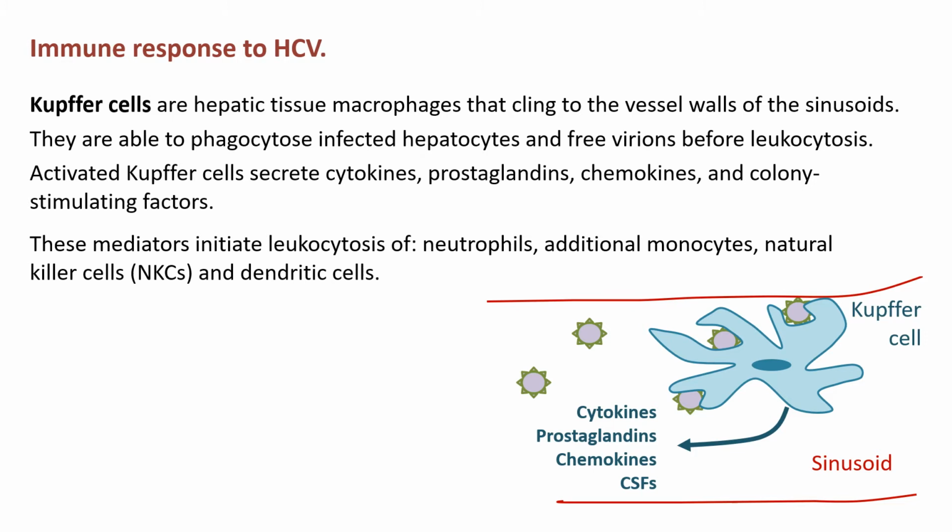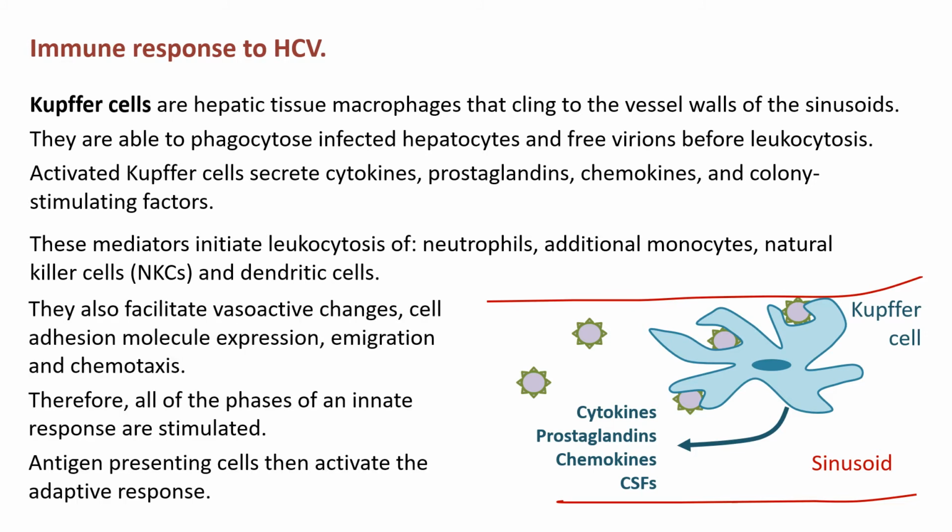So these mediators initiate leukocytosis of first neutrophils, then additional monocytes, which will become macrophages, natural killer cells, and dendritic cells. They also facilitate the vasoactive changes, cell adhesion molecule expression, and therefore emigration and eventually chemotaxis.